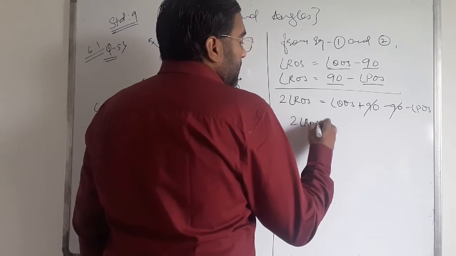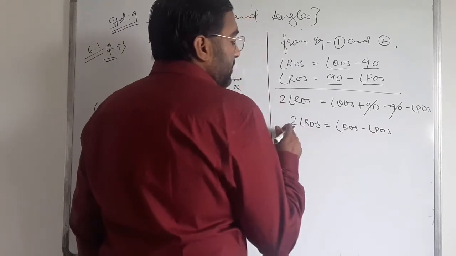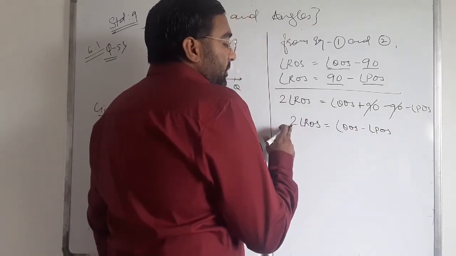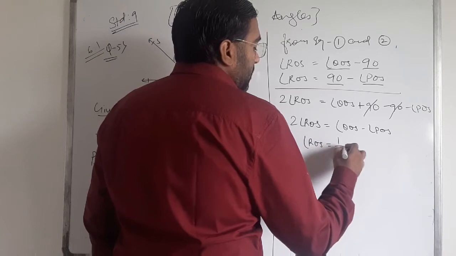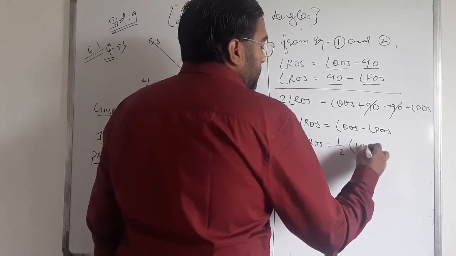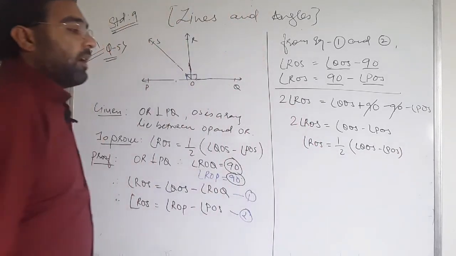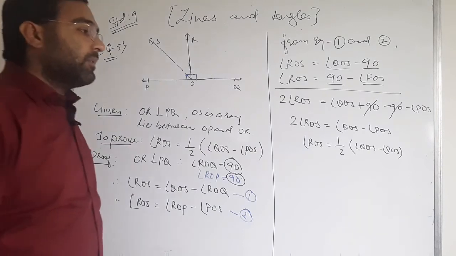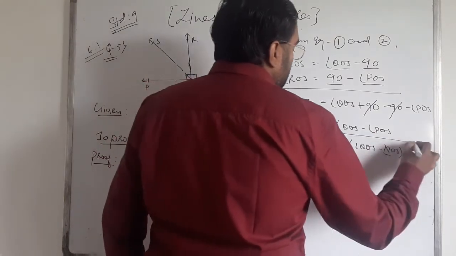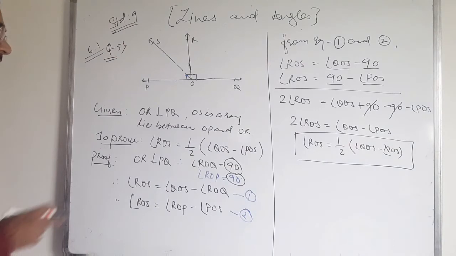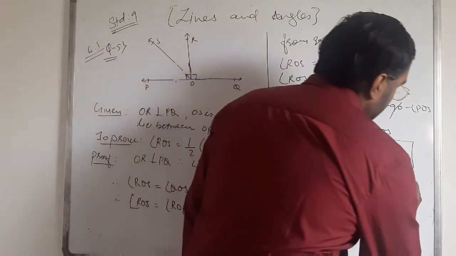So 2 times ROS is equal to QOS minus POS. Now I'll shift this 2 from multiplication to the other side to divide the whole bracket, QOS minus POS. My answer is ROS equal to half of QOS minus POS, which is what I wanted to prove. So I'll write hence proved.